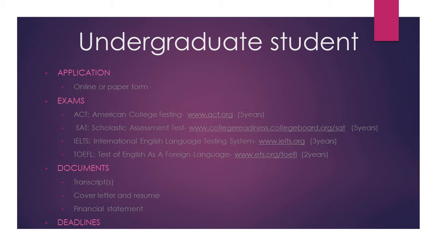These two exams test your competence in mathematics and verbal, quantitative and verbal aptitude. Each exam you can always register online, and once you write that exam, it is valid for 5 years, which means you can always use it to reapply to a new school, or even as a transfer student if you're moving from one undergraduate program in one school to another school. So it's 5 years valid.